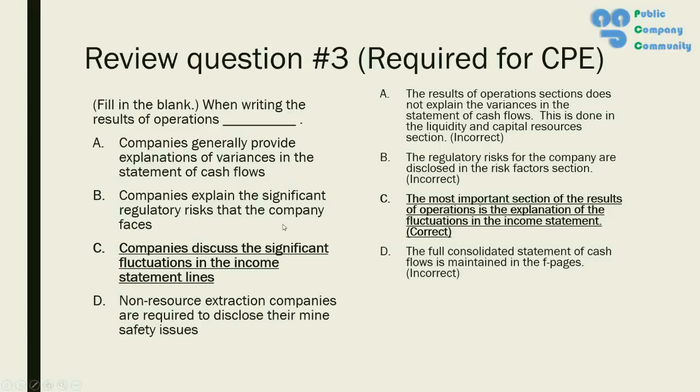B was companies explain the significant regulatory risks that the company faces. That's in the risk factors, not in the MD&A. And D was just a throw out one, right? Non-resource extraction, the full consolidated statement of cash flows is maintained in the F pages. And non-resource extraction is just not applicable, right?